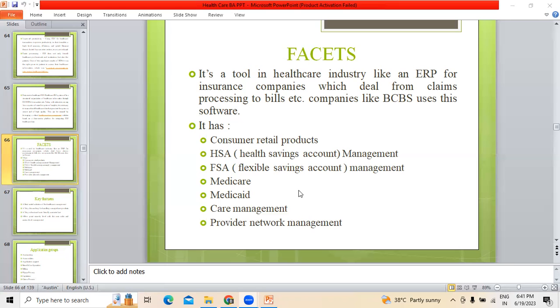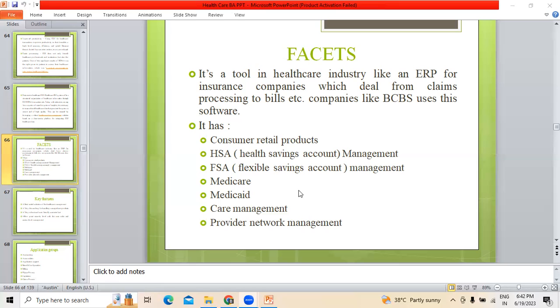There are two different modules: HSA is the health savings account module, whereas FSA stands for the flexible savings account module. These are the two different modules we have, apart from consumer retail products.